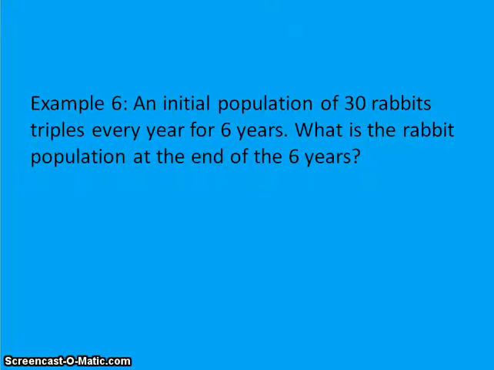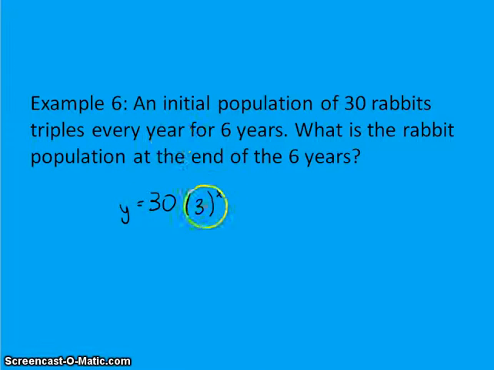The final example, we have an initial population of 30 rabbits, and they triple every year for 6 years. So our initial amount is 30. And then the growth factor is tripling, so it would be 3. So it would be a 200% growth rate, 1 plus the 2, to the x. They triple every year for 6 years.